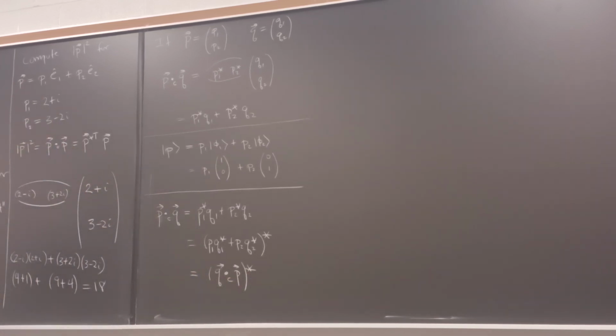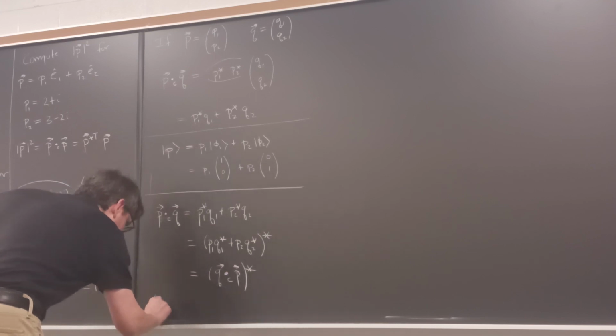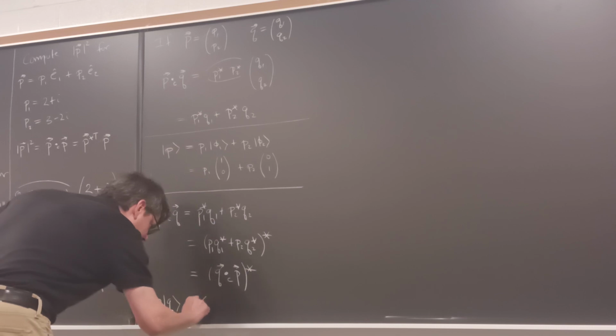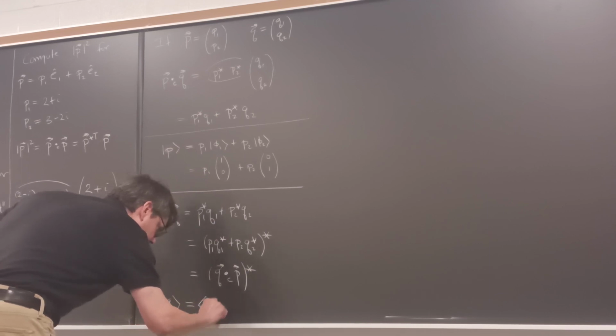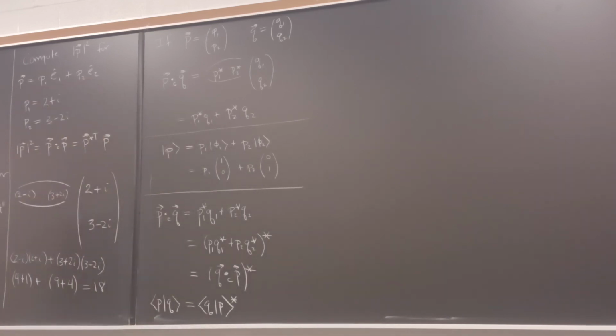That's an important point with this notation. So in Dirac notation, this means that the inner product of P and Q is equal to the inner product of Q and P, conjugated.